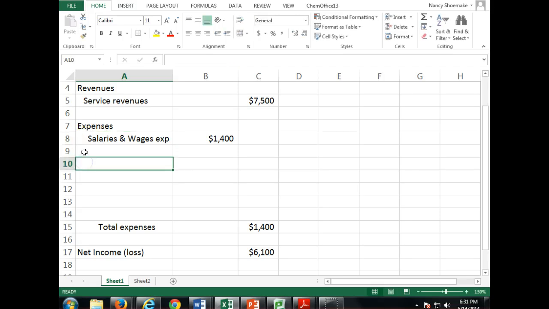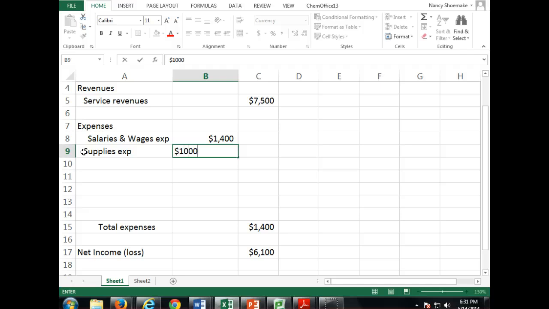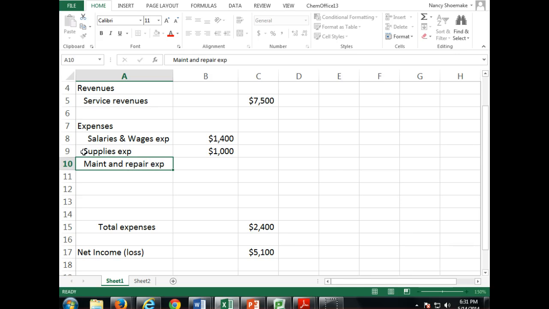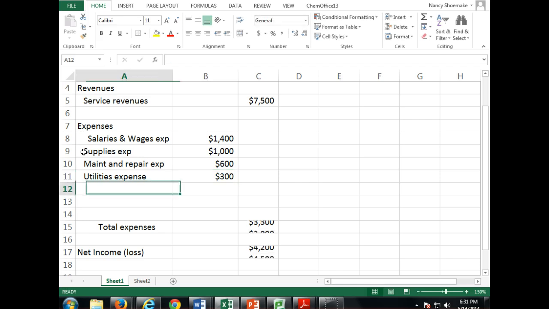Supplies expense. Supplies expense of how much? 1,000. Next. Maintenance and repair expense of 600. Next. Utilities expense, 300. There's one more.